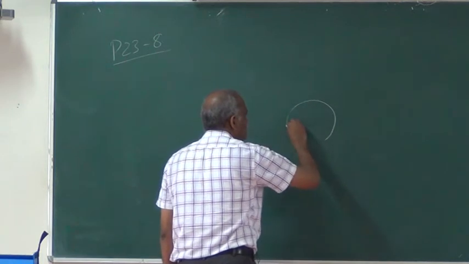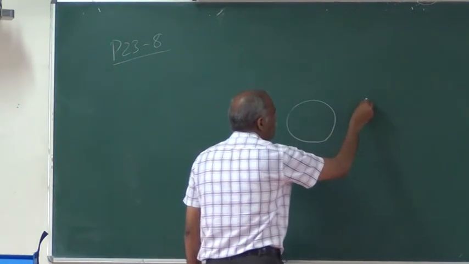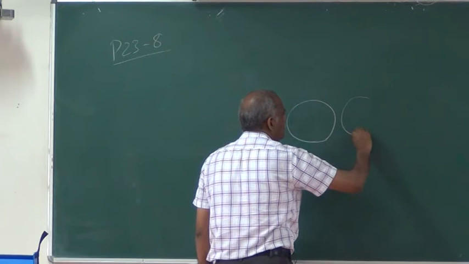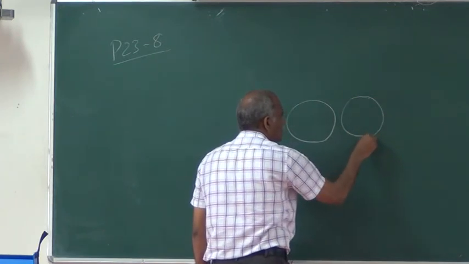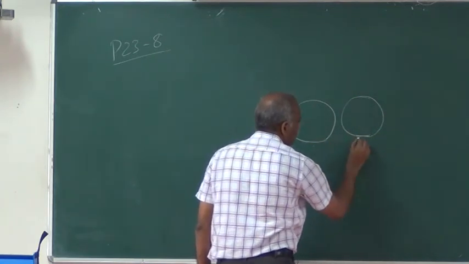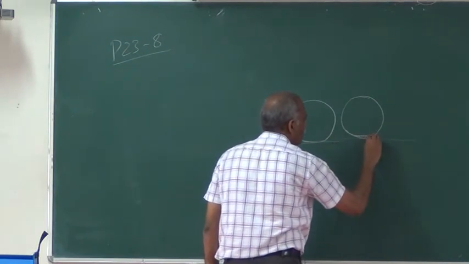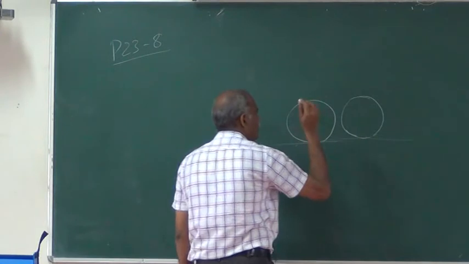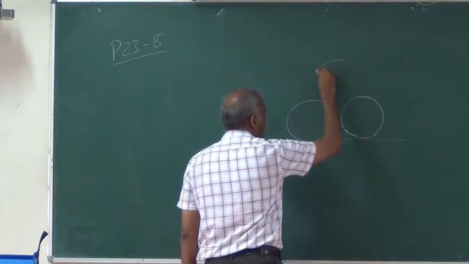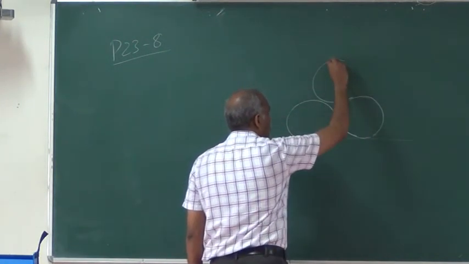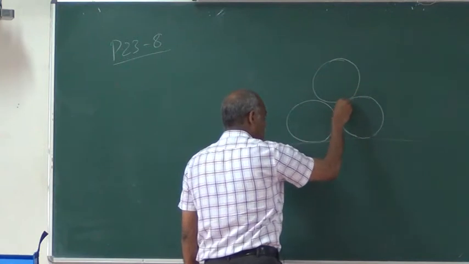3 cylinders are there. 2 of them are on the floor. Then 1 is above, resting on it.